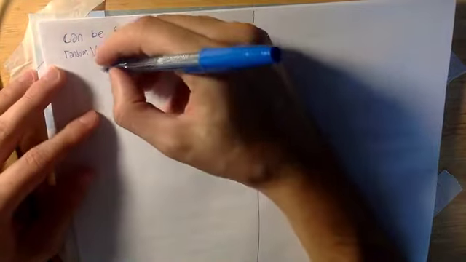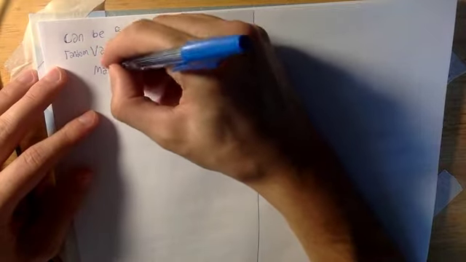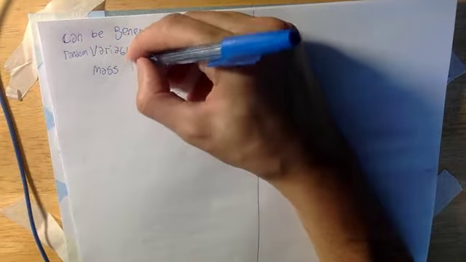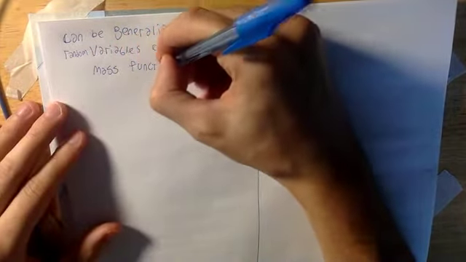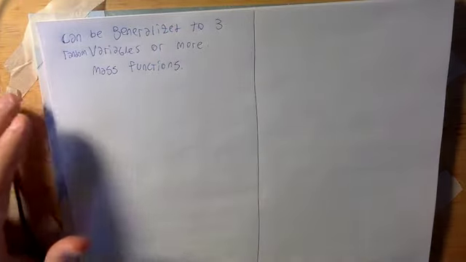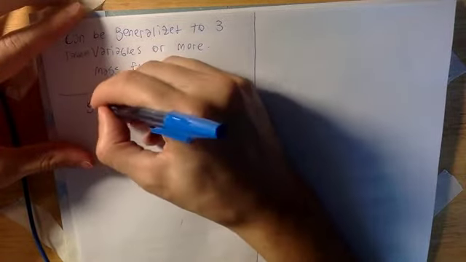Here what I mean is the mass functions, not the covariance, but the mass functions. Okay, so one last thing. Let's look at sums of random variables.